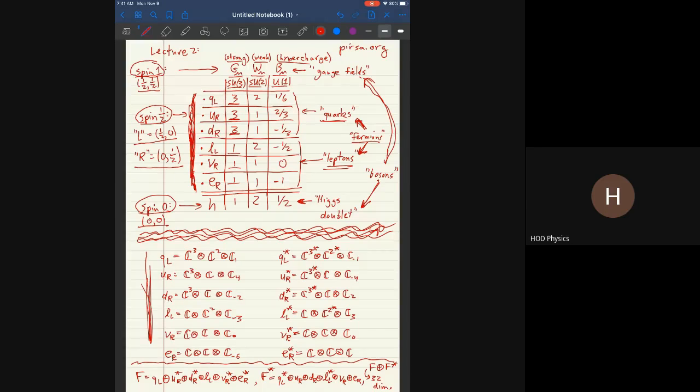So in the first row of the table, where I said that Q left transforms as the three-dimensional representation of SU3, the two-dimensional representation of SU2, and with hypercharge 1/6, I've rewritten that down here.